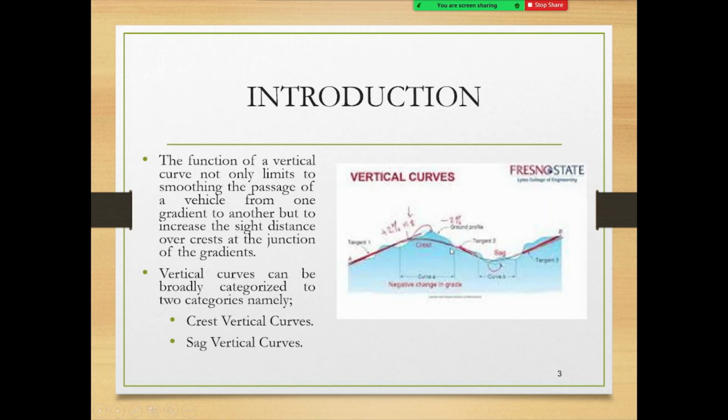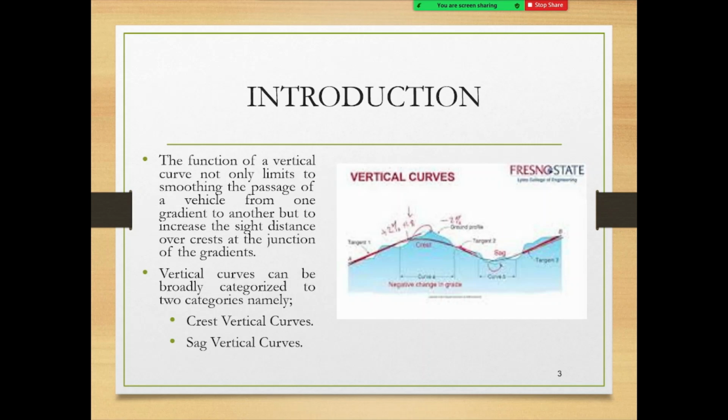If you had the vertical curve like this, what will happen? Then your sight distance will be increased. Or instead, you could have the vertical curve like this. Then your cost will be minimized, but what about the sight distance? It will be reduced. So there should be a balance, right?